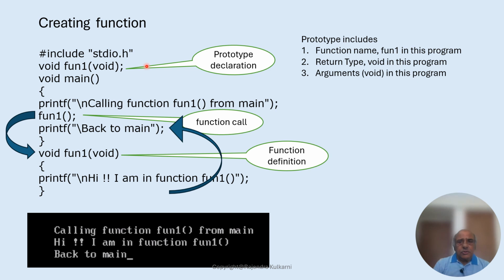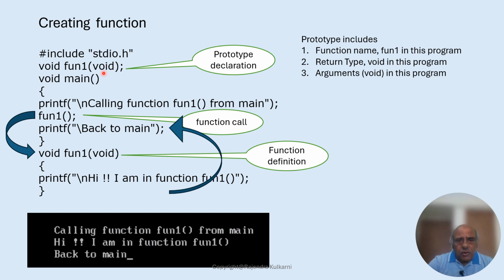What does the prototype include? It includes the function's name, in this case fun1. Then it also includes the return type. What is a return type? That we will know later on. Here in this case void is the return type, and then it also includes arguments within the parenthesis.